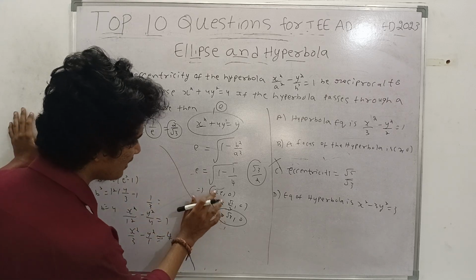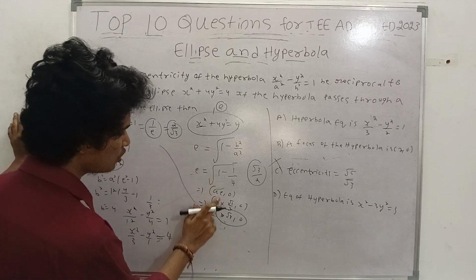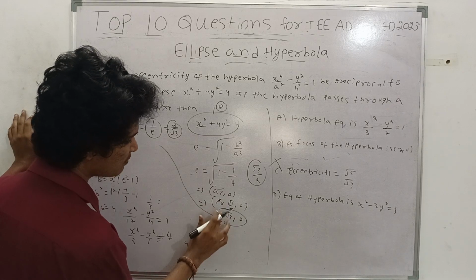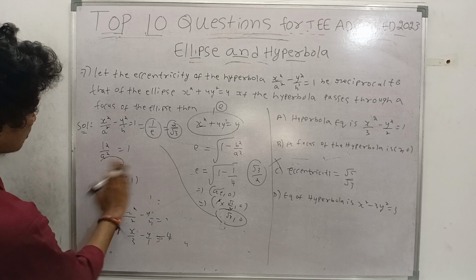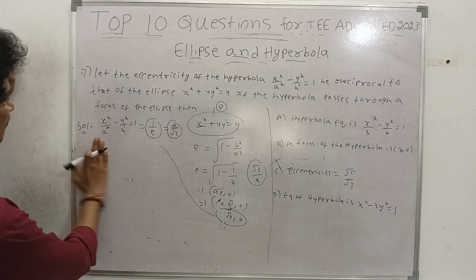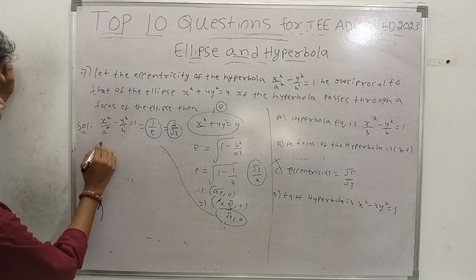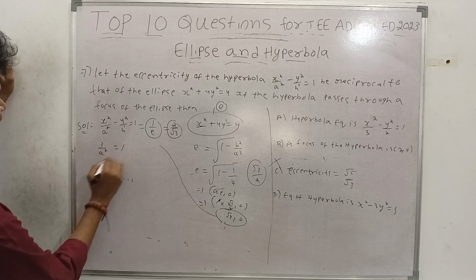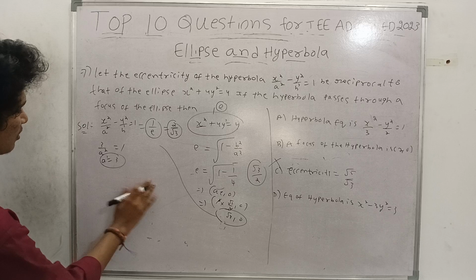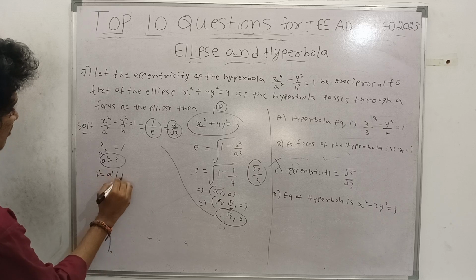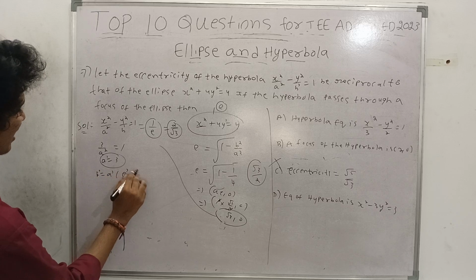Sorry. Here a is not 4, a is 2 here. 2 is cancelled, it is passing through root 3. So when it is passing through root 3, after substituting root 3 here, it will be 3 by a square equal to 1, a square equal to 3. And b square equal to a square into e square minus 1 for a hyperbola.